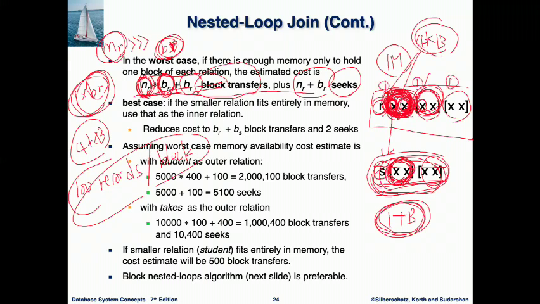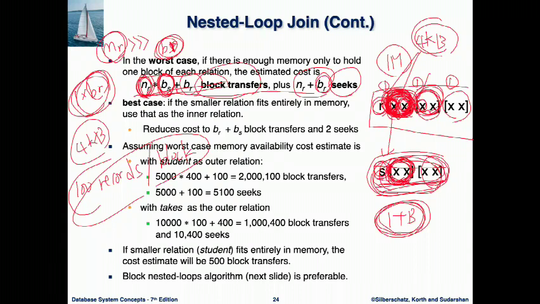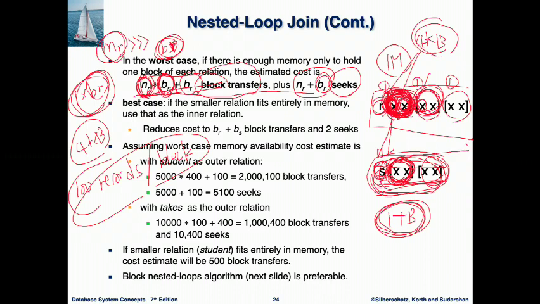For every block in R, you need 1 disk seek. And for each record in R, you need to do a full scan on S. We assume that this relation S is consecutively stored on the disk. Therefore, you move to the beginning of relation S, and then you do a full scan consecutively without any additional disk seek.